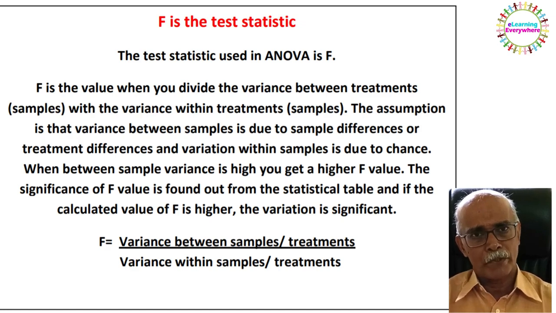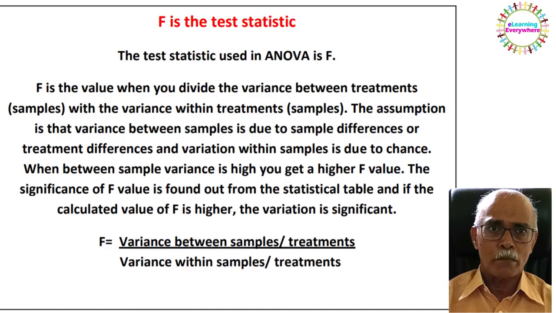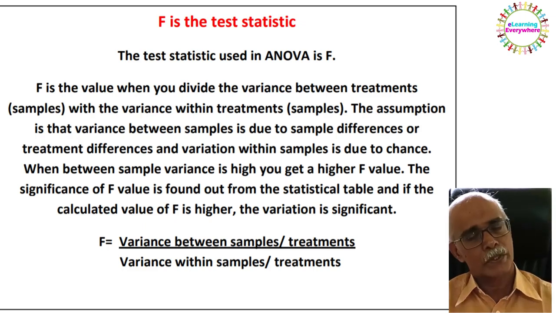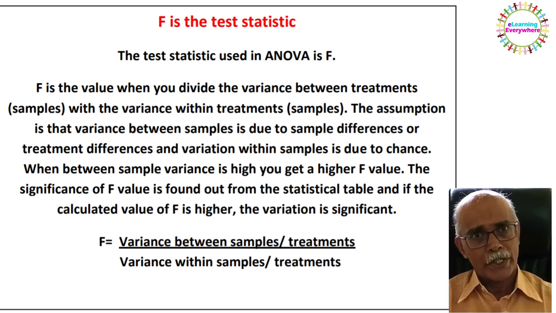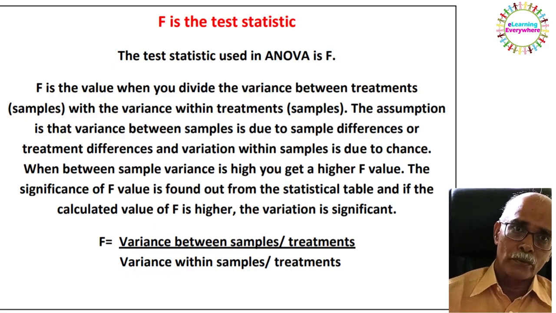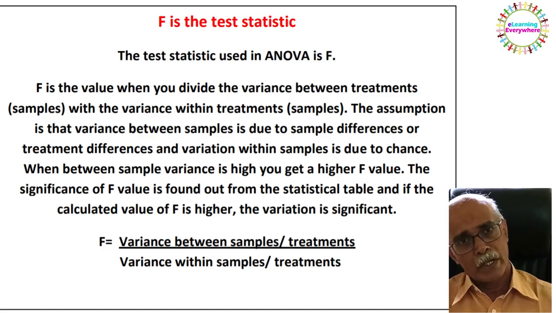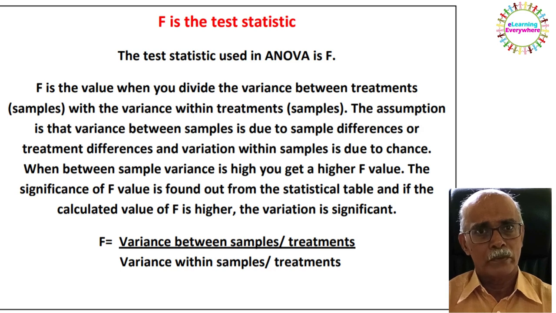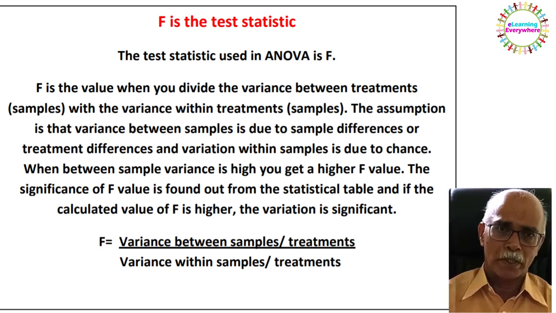F is a comparison between the variation that is occurring between the samples or between the treatments and the variation that is occurring within the treatments. And there is a general assumption that the variation between samples or between treatments may be due to sample differences or treatment differences, and the variation within treatments or within samples may be due to chance, due to experimental error.